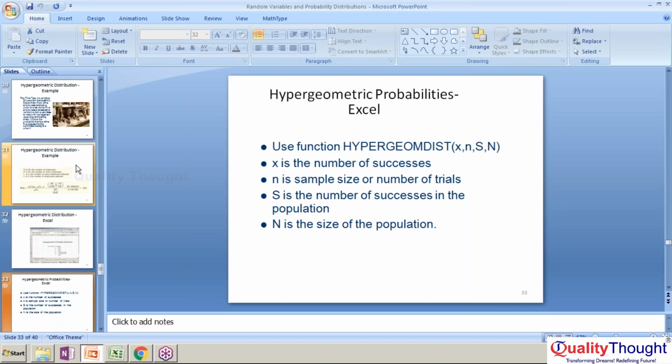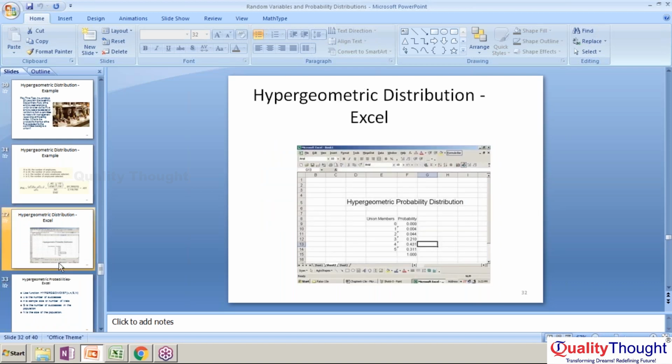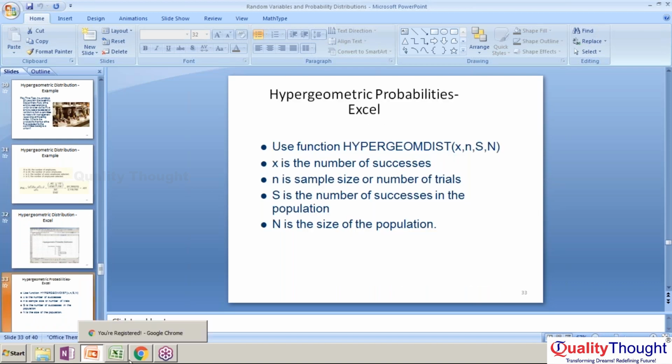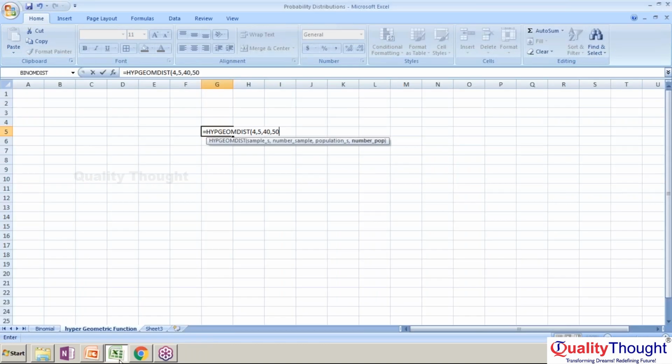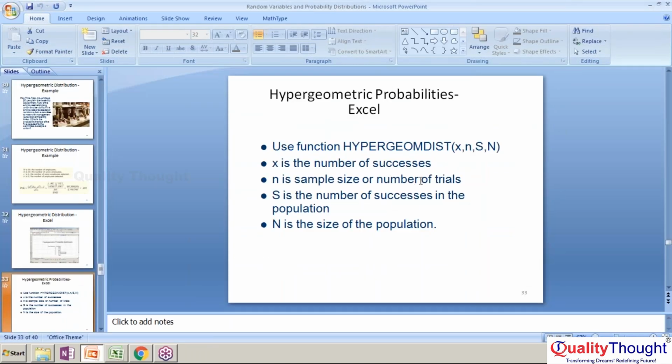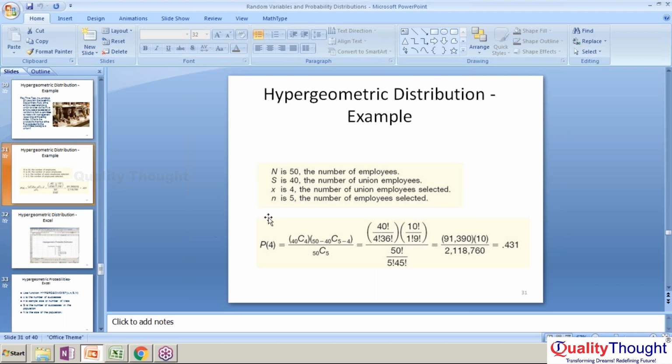X is the number of successes. How many? That should be 4, right? I have given it as 4. N is the sample size or the number of trials. Here, how much have we taken as N? 5. Look. Am I good?